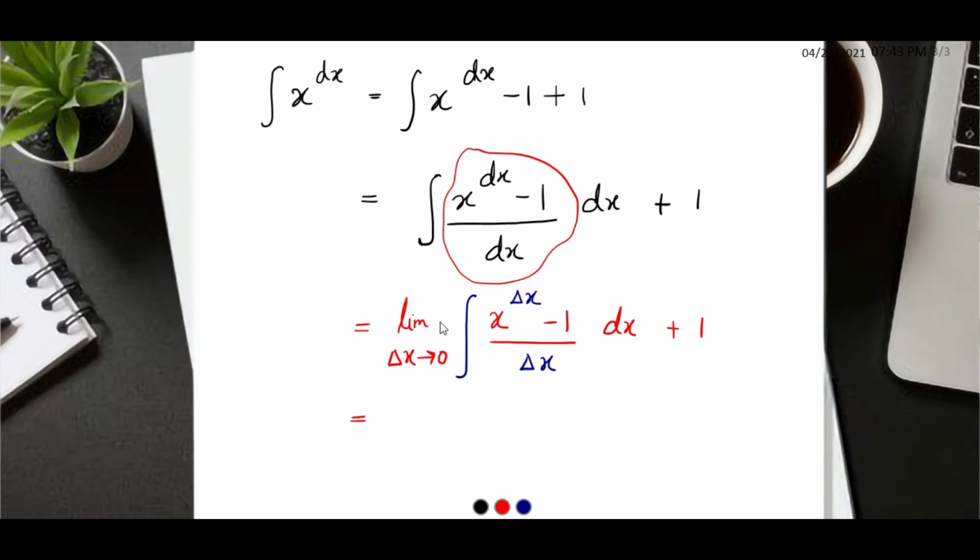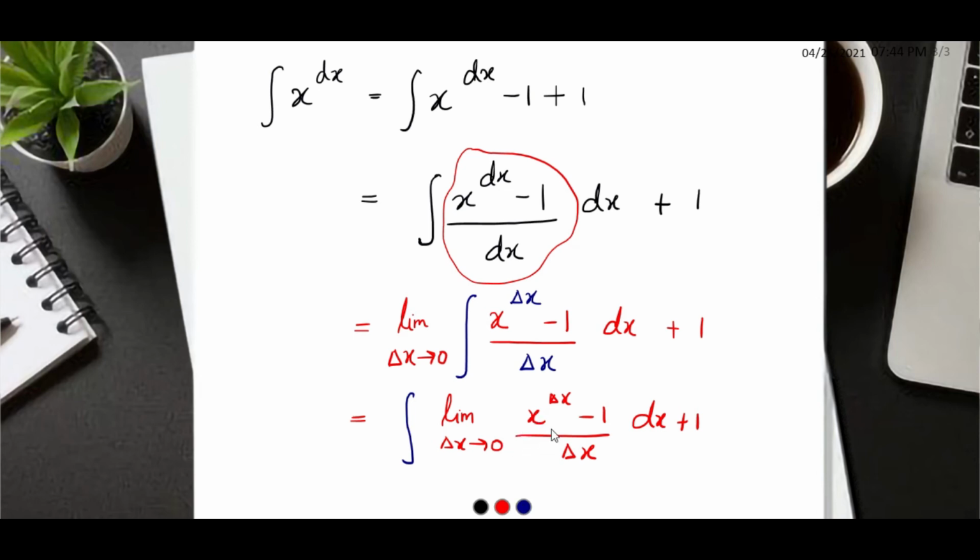Now let us take the limit first, which is limit delta x tends to 0, x raised to delta x minus 1 over delta x. This limit resembles our previous limit.